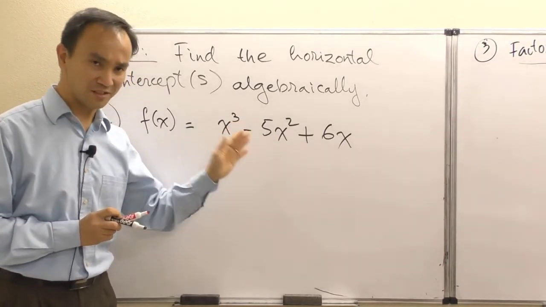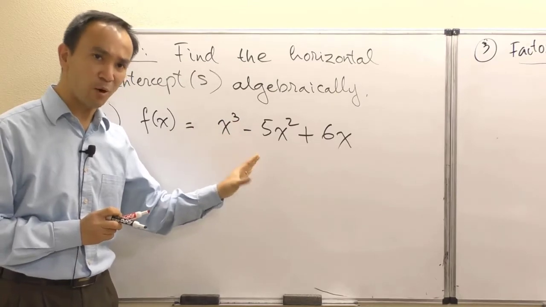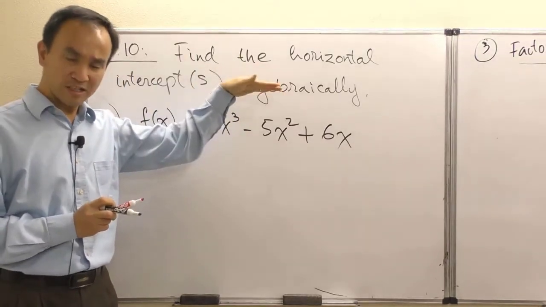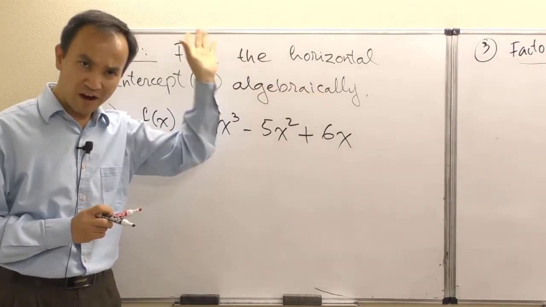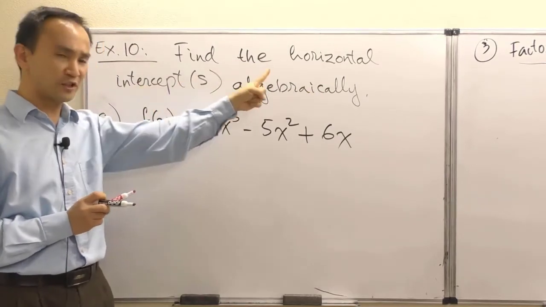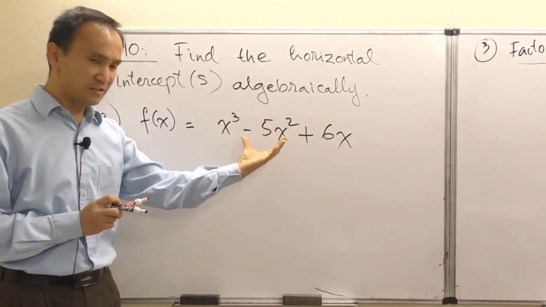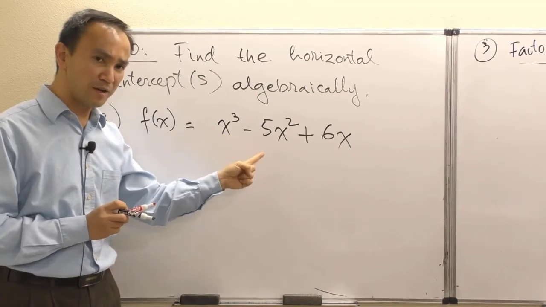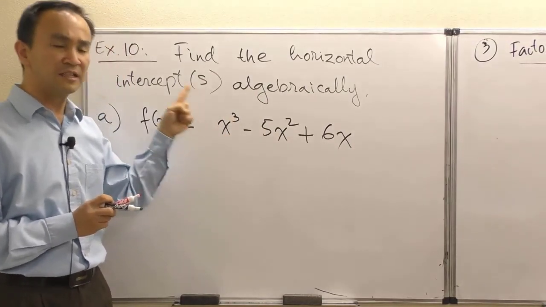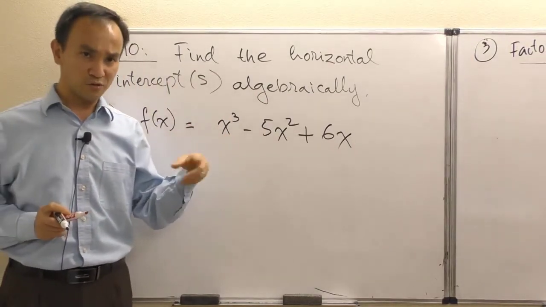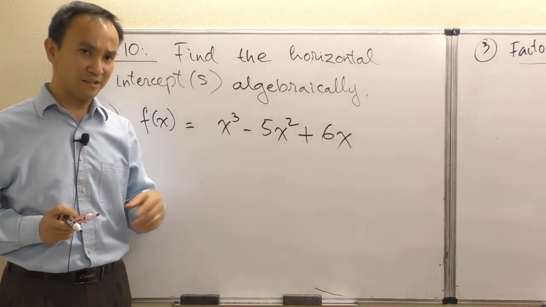So what we should have realized at this point is, the example is intended to be the same kind. We algebraically find the horizontal intercepts, but now our polynomial is no longer given in factor form like those that we found in example 9 earlier.